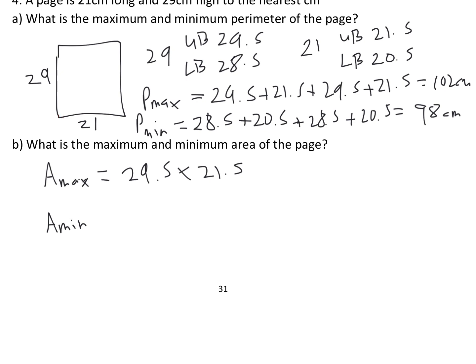Multiply smaller numbers, you're going to get a smaller answer. So we'd use the lower bounds, 28.5 multiplied by 20.5. The maximum is 634.25 and the minimum is 584.25.